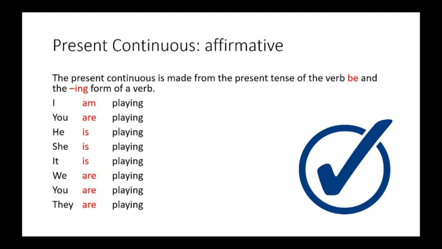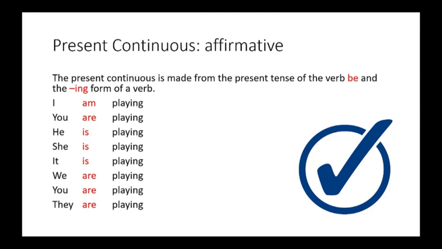So we get the affirmative sentences by putting the present tense of the verb be, am, are, or is, and the ing form of a verb. I am, you are, he is, she is, it is, we are, you are, and they are. After that, we just put the main verb in its ing form.